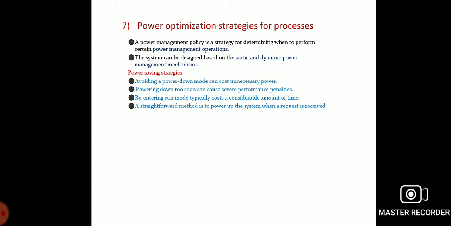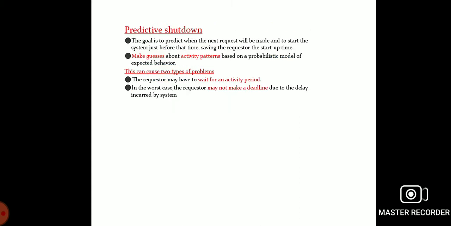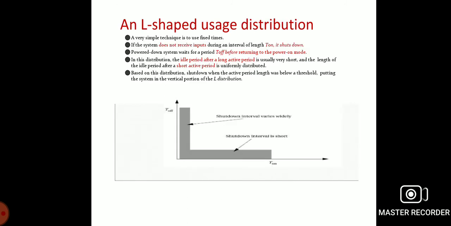So we predict the power consumption in different categories. We can discuss the L-shaped usage distribution method. A very simple technique is to use a fixed time: if the system does not receive input during an interval of length T, it is shut down.